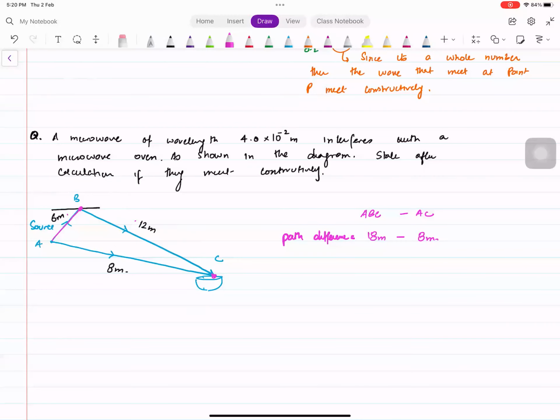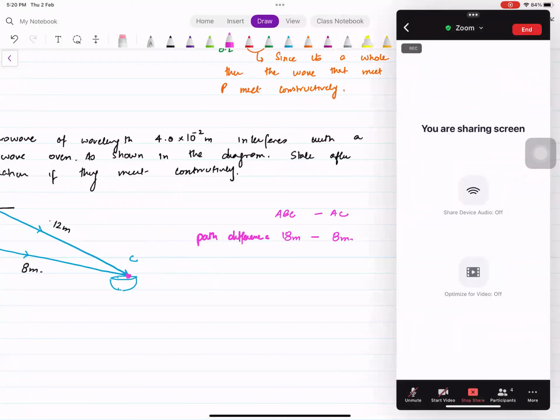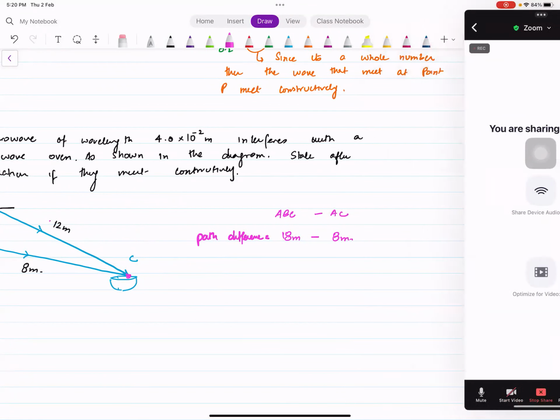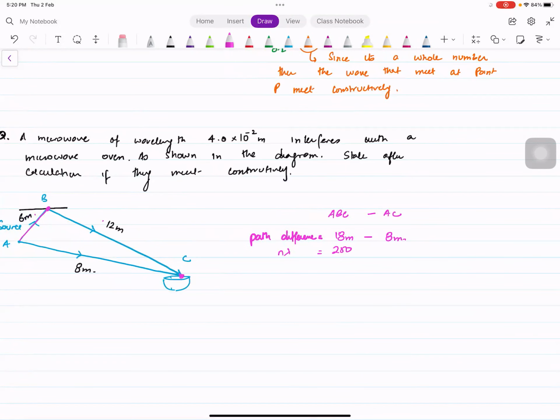It's basically n lambda is 10. And what you did was n times 0.04. Obviously, your answer is 250, which is constructive interference, right?